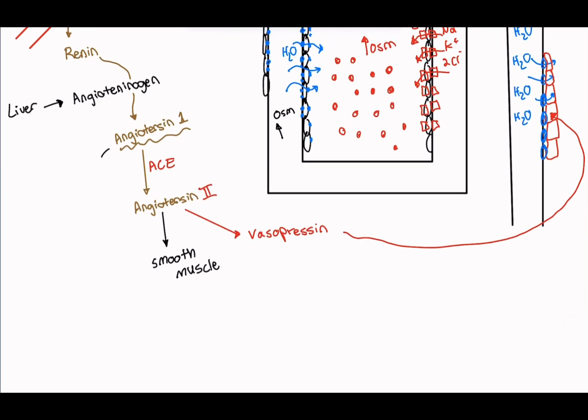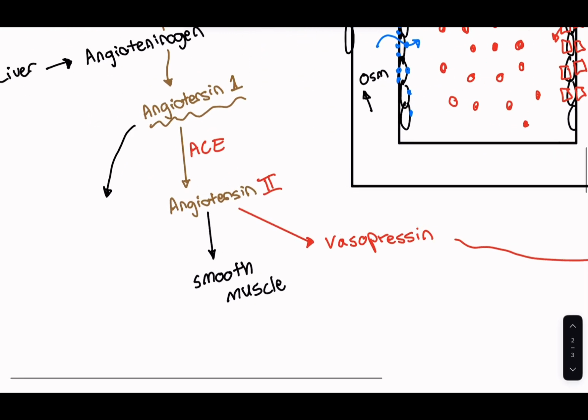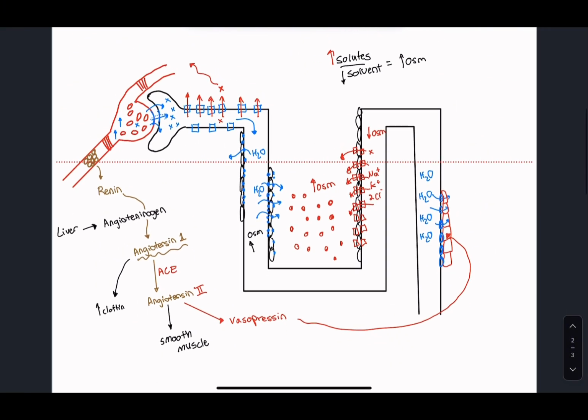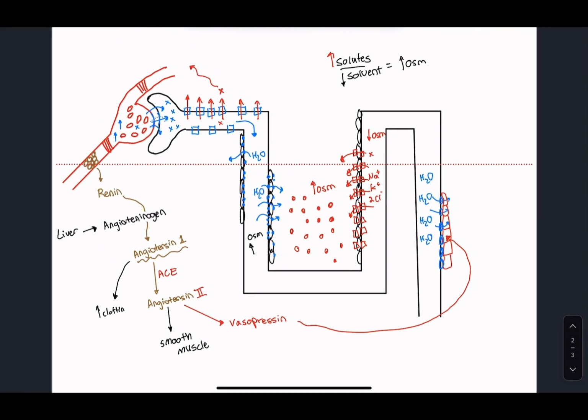Angiotensin II will also promote clotting, so it has prothrombotic effects, which will decrease the amount of fluid being lost from the arterial system. Therefore, it's helping this situation that we dealt with before. So overall, these are a lot of different pathways by which angiotensin II aids in both the reabsorption of water and facilitating an increase in arterial blood volume.